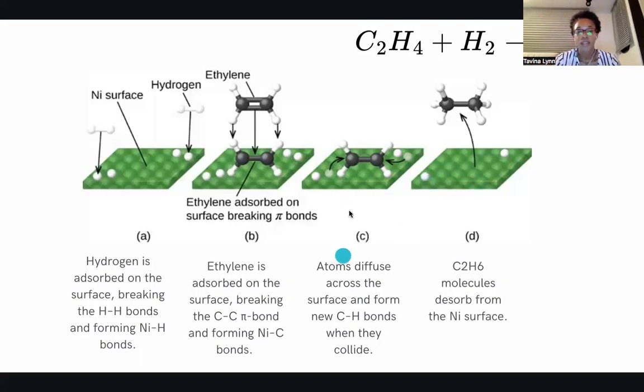So this is an example of a heterogeneous catalyst where our catalyst is actually a solid surface and our reactants are able to come onto the surface and carry out the reaction. And that is catalysis.